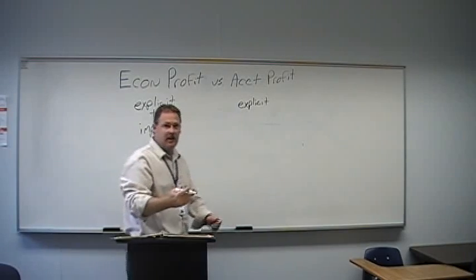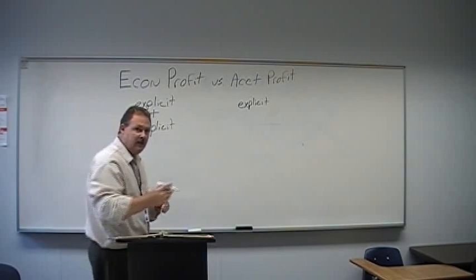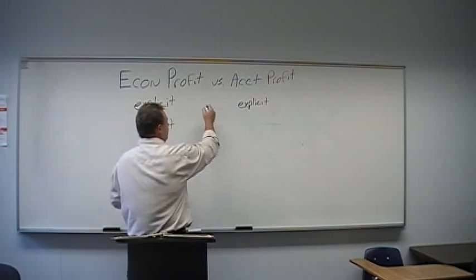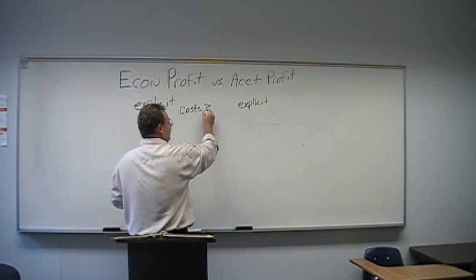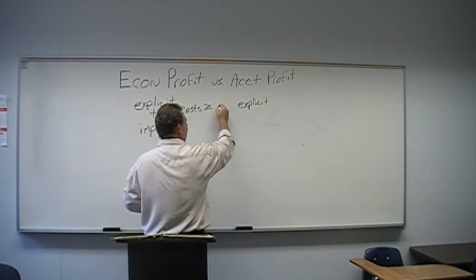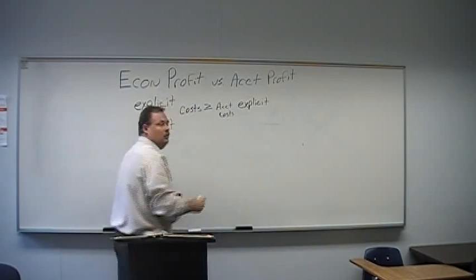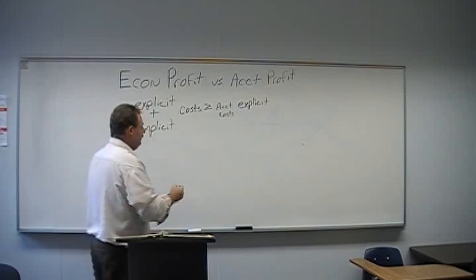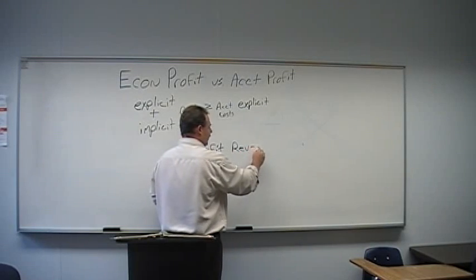Those things that you write a check for. And as you recall, when we were talking about costs, economic costs are always greater than or equal to accounting costs. Well, if we look at profit, profit is revenue minus cost.